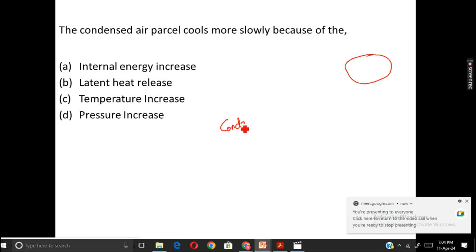Condensation means the vapor is becoming water. Water droplets or water is formed.